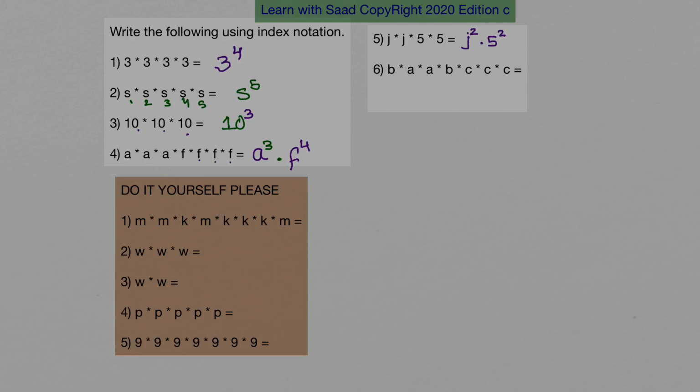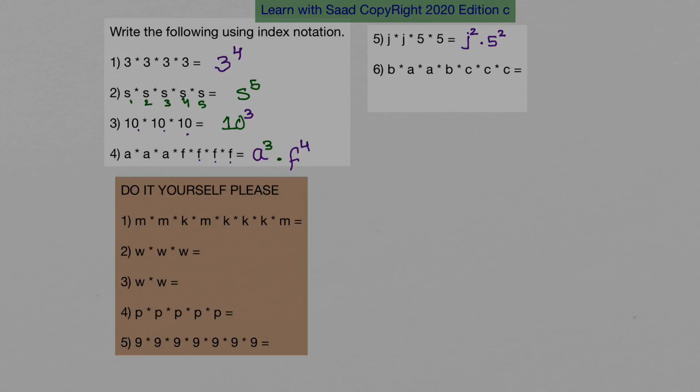Now, like we mentioned on the previous page, we can multiply any numbers. There is no restriction on the number of times you can multiply or the number of alphabets or numbers you can use. So in question number 6, we have B, A, and C, 3 letters. We would do them one by one.